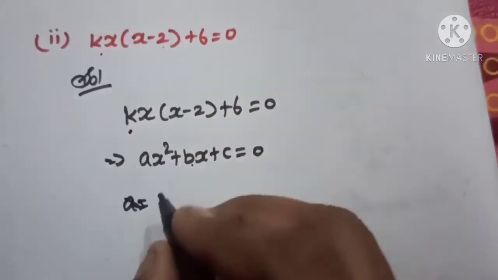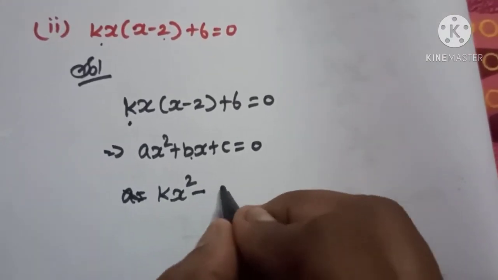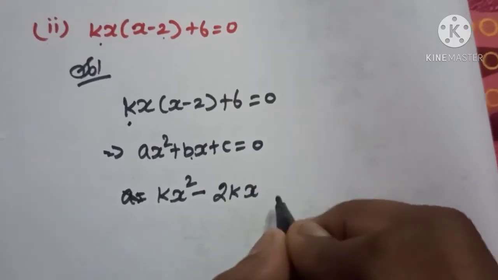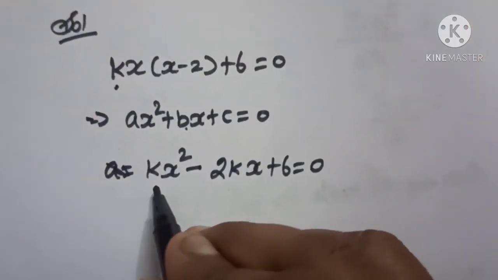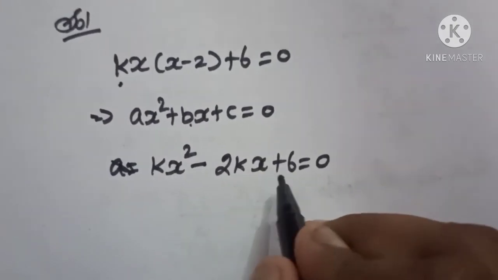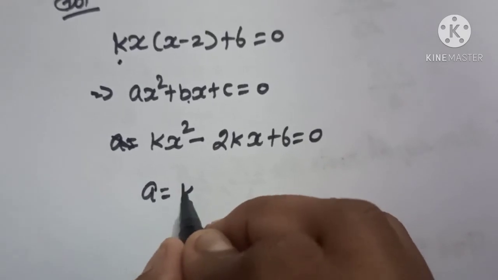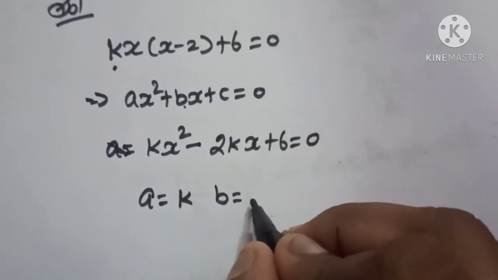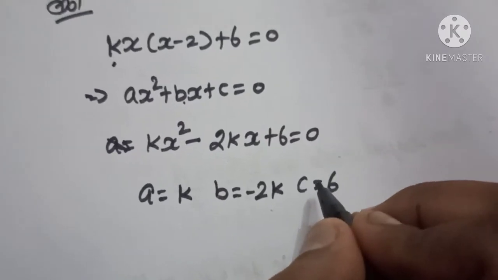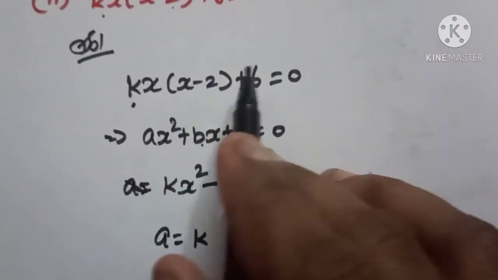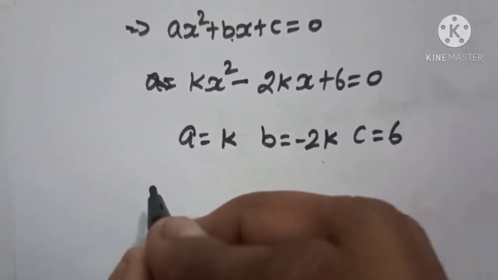If you multiply, you get kx square minus 2kx plus 6 is equal to 0. Now you can write a is nothing but k, b is nothing but minus 2k, and c is nothing but 6. Now this expression has equal real roots, so what is the condition?